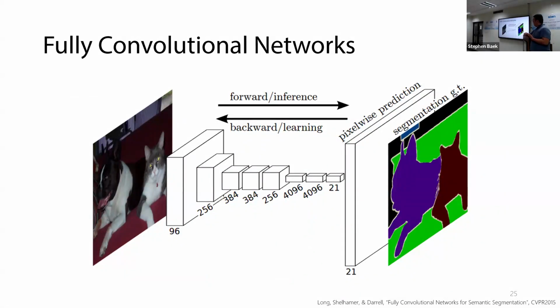What we just saw is a few of those. This one over here is one of the earliest works, called fully convolutional networks. These guys hadn't figured out the up-convolution process and the unpooling process.